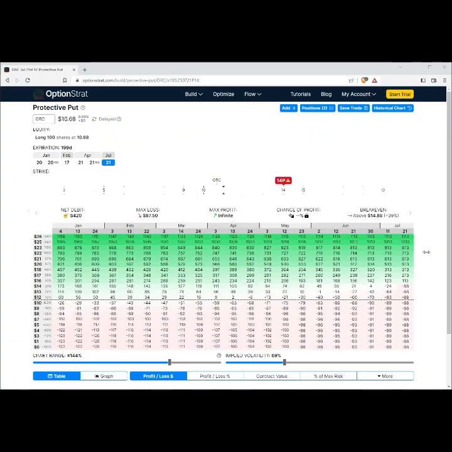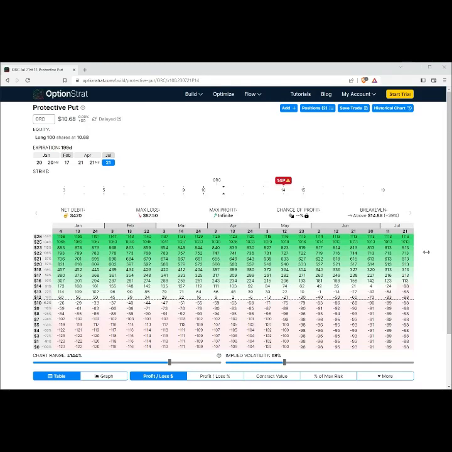In summary, we have seen that you can enter a protective put when you buy a put contract on shares you already own with the objective of reducing the risk of losses on the downside and potentially generating some yield from yourself while you still own the shares, and also the potential of making some money from the upside by being able to cash out from the sale of the shares.